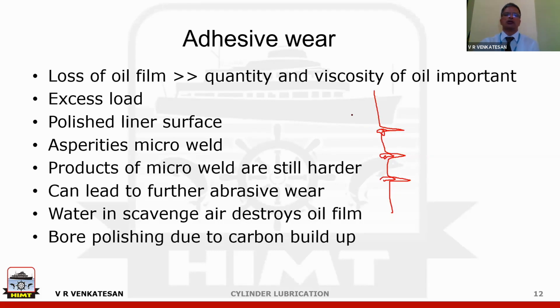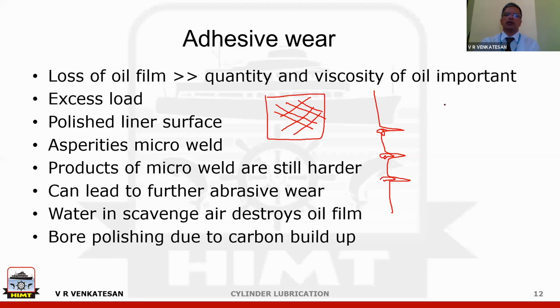So there is a process called honing a liner. If this is a liner surface, it is like saying there will be deep scratches in the liner. The scratches will be very narrow, but they should be deep. So when you make a pattern like this in the liner, this part will hold lube oil.